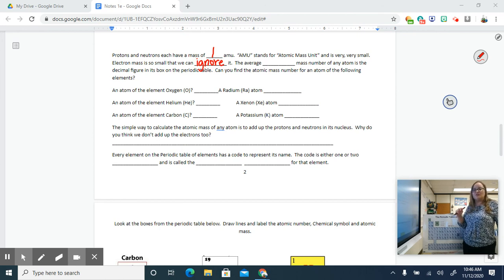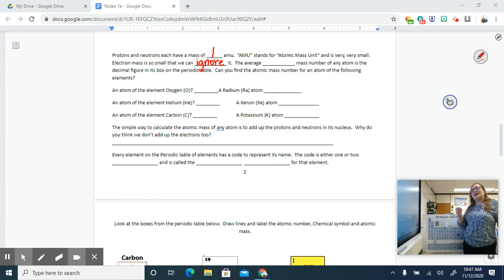Even if you blew up the size of an atom to the size of a football stadium, the nucleus would still only be like the size of a marble inside of it. That's how small they are, and yet they get a weight. And electrons are so small they don't. Yeah, I mean, whew. Okay.